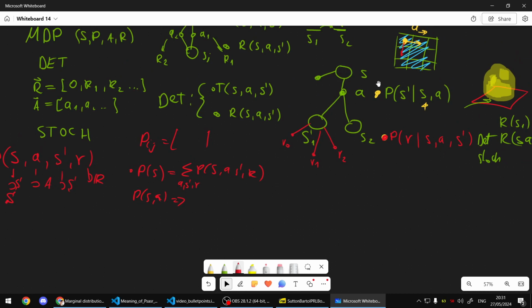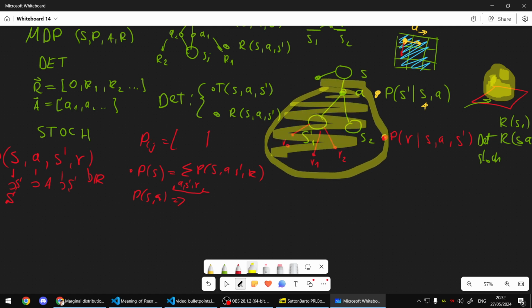Well, and the normalization, of course, if I say that I sum over all the actions, target states and rewards, that pretty much means that on the diagram I sum up all this stuff, basically what I selected.